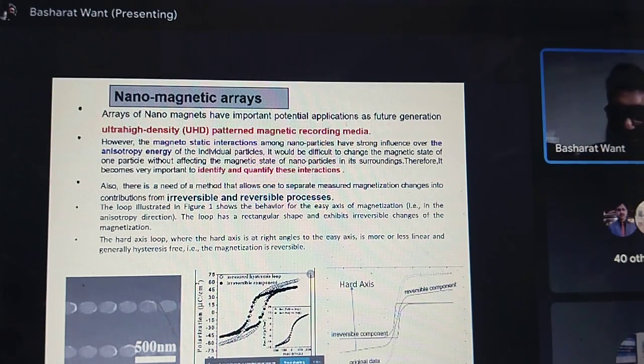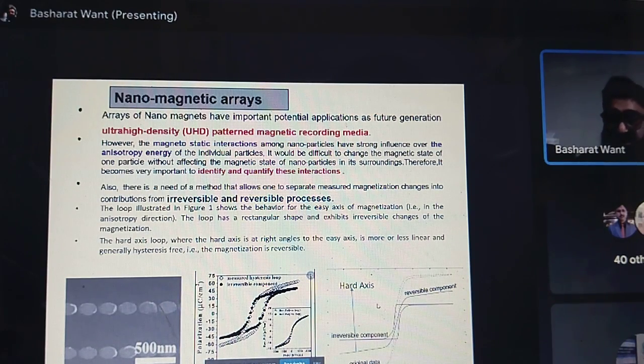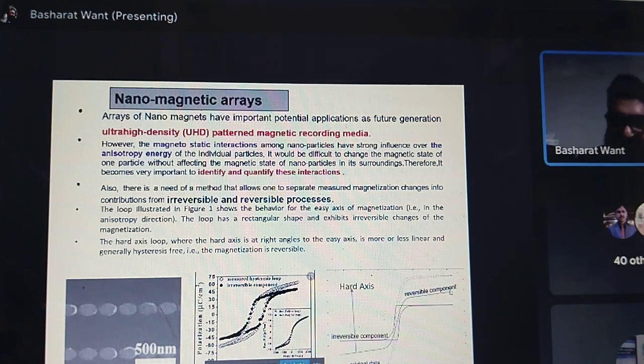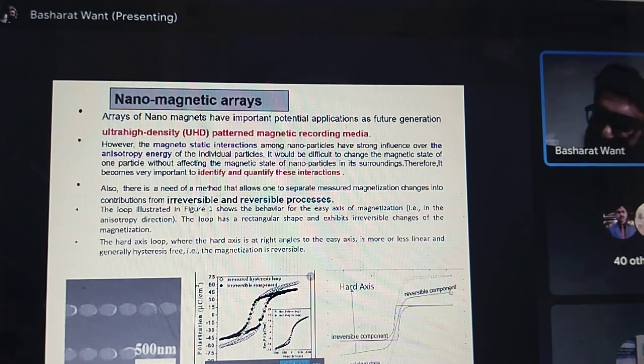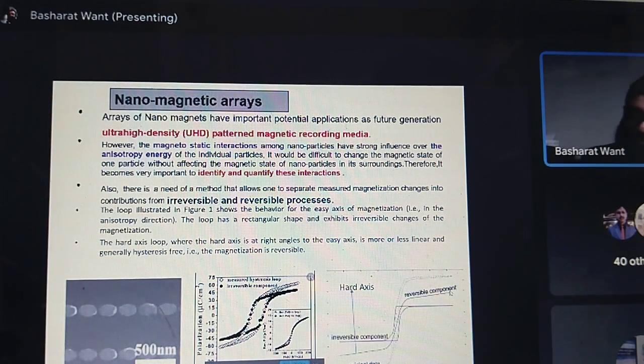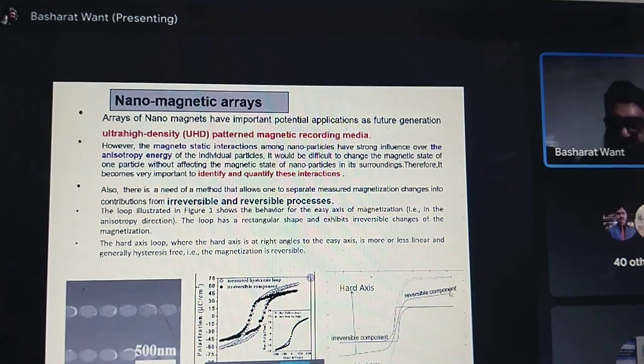So there are both contributions to the magnetization, reversible as well as irreversible. As you can see on the right of this slide, the reversible component does not show hysteresis. It means if a system behaves in a reversible manner, then you can vary the magnetic field so the magnetization changes, and then if you bring back the magnetic field to initial values, the magnetization also returns to the initial values.